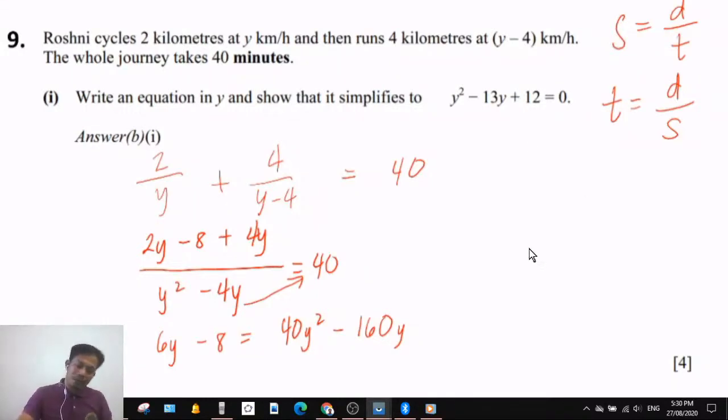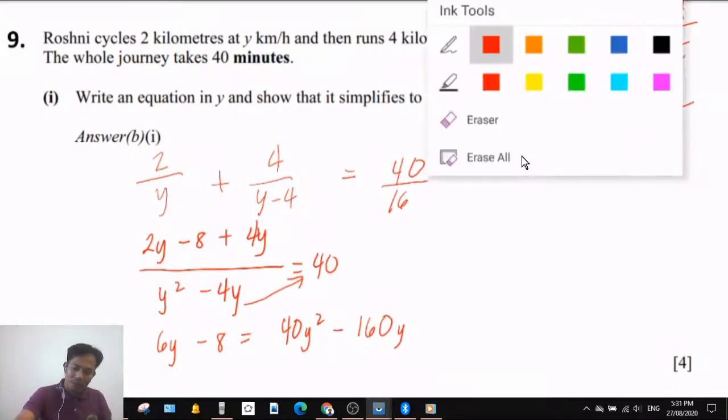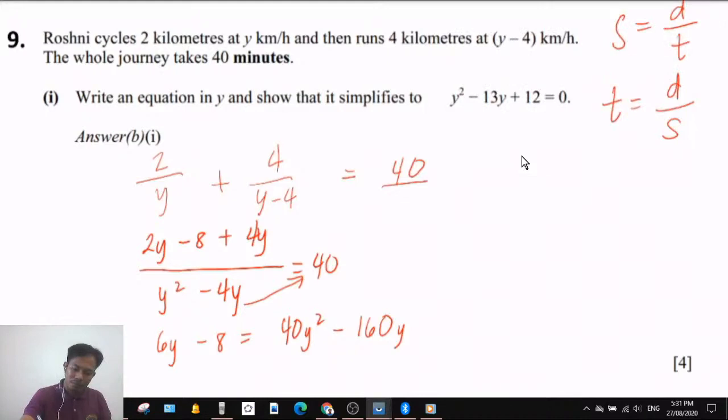Oh, I cannot use 40 over here because it is in minutes and the speeds are in kilometers per hour. So I need to write 40 over 60.